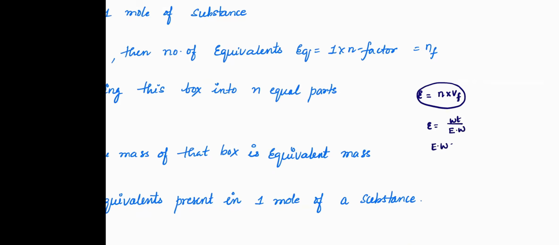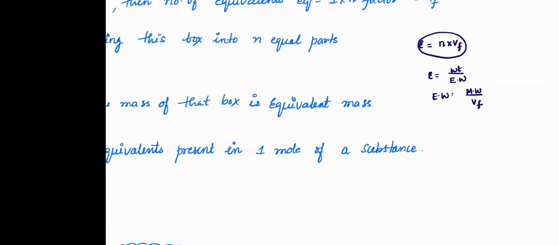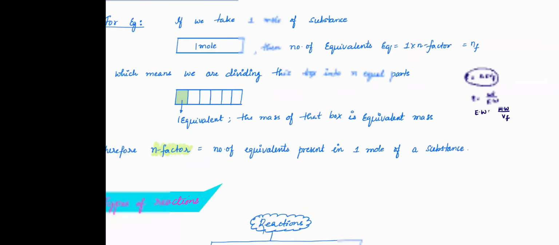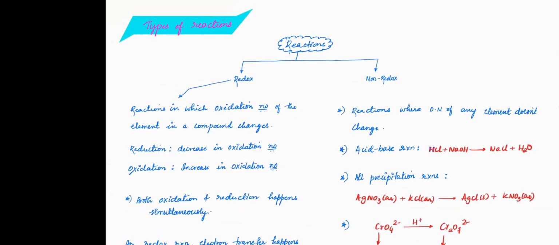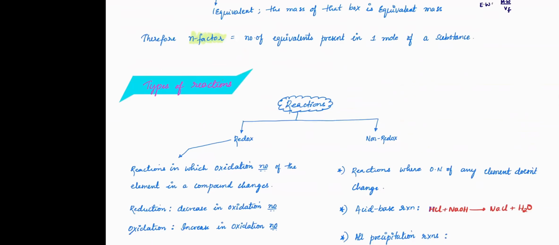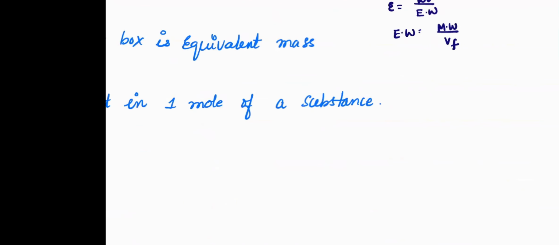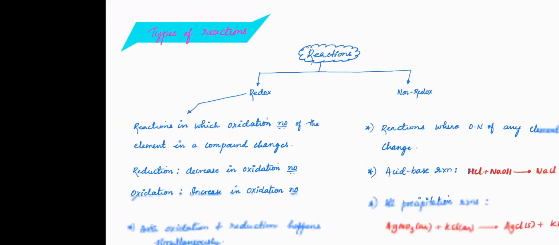Equivalent weight again can be related as molecular weight upon valency factor of the substance. So this is the interlink that you need to connect. The main variable to figure out equivalence is equivalent weight, and equivalent weight is mainly dependent on valency factor. Now let us see what exactly it is.